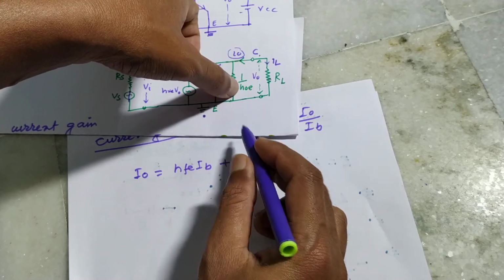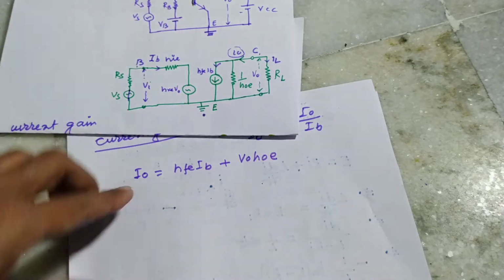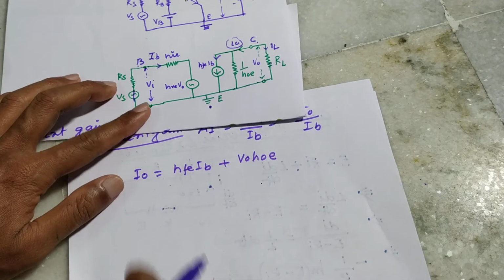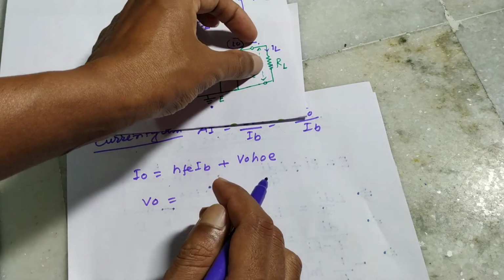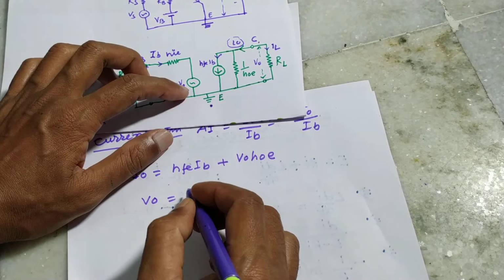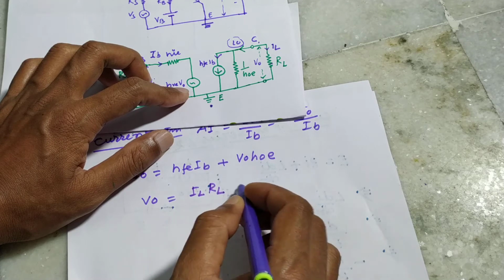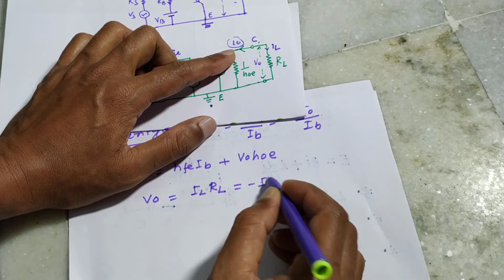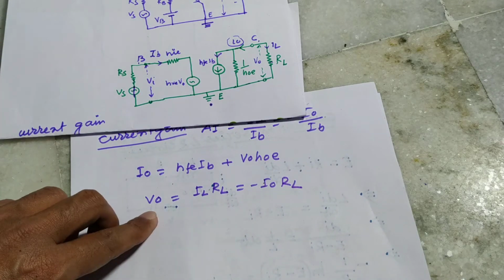So V0 by 1 by hoe means V0 hoe. So this is I0, and V0 is equal to the voltage across RL, and V0 is equal to IL into RL, and IL can be written as minus I0. So minus I0 RL is V0.